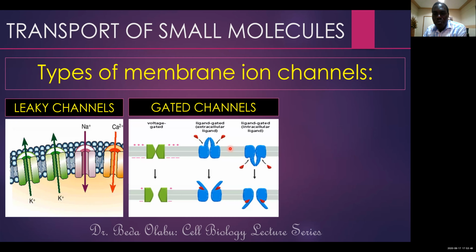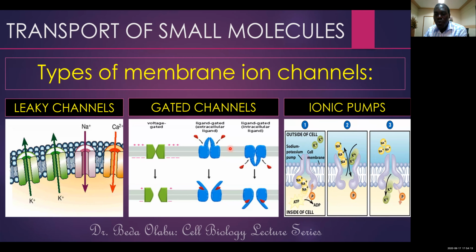The third type of ion channels on the cell membrane are what we call ionic pumps. Ionic pumps are actually mechanisms of active transport. They are proteins that pump molecules against their concentration gradients.